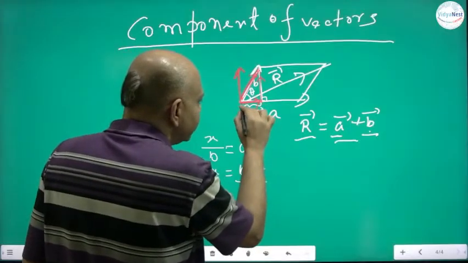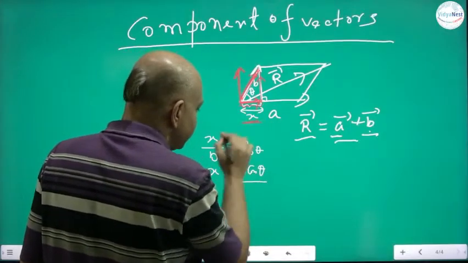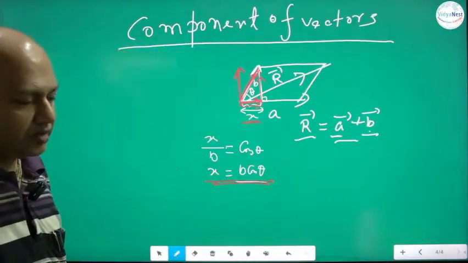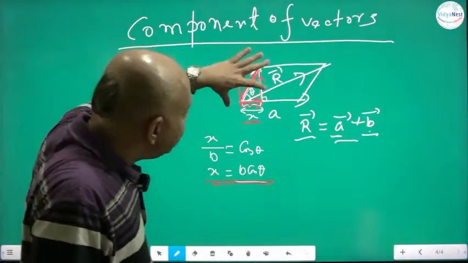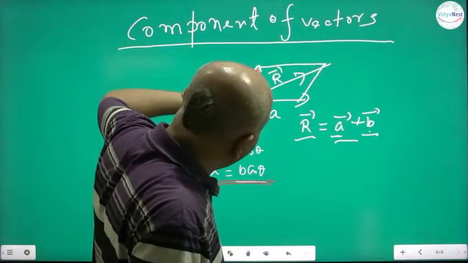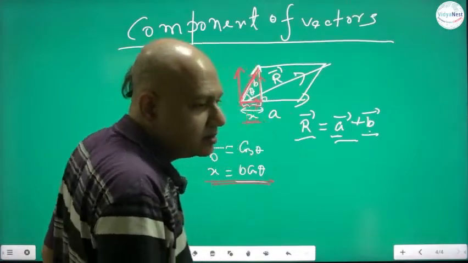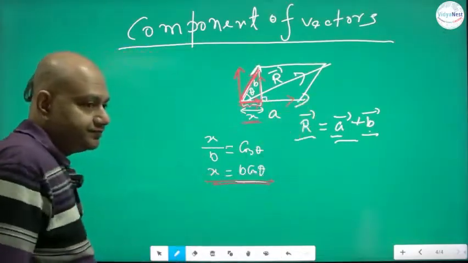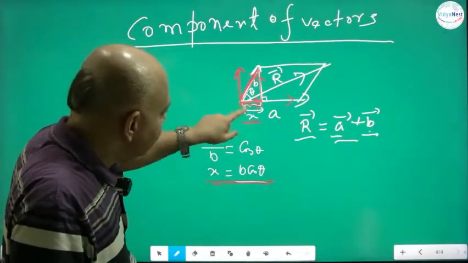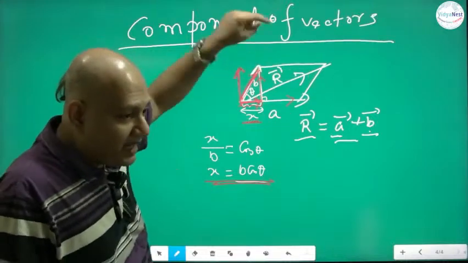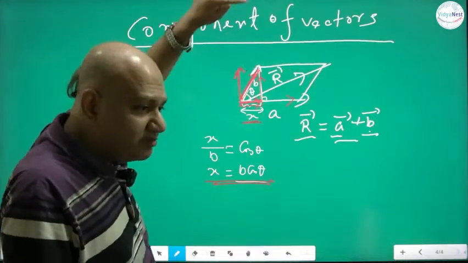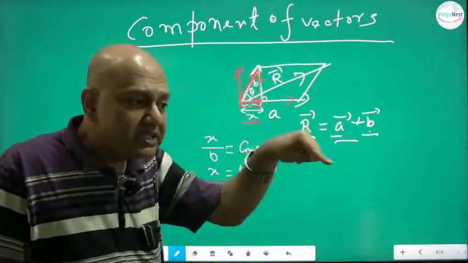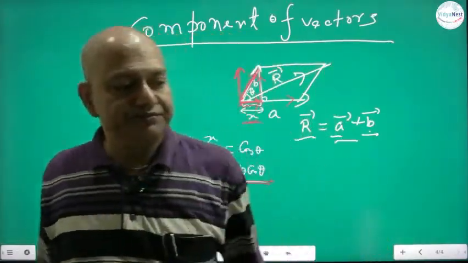This component vector is equal to b cos theta. This is x, b cos theta. So this b cos theta is acting along the vector a. You can see in this direction the a vector is existing, and b cos theta is acting along a. One of the components of b is existing along a, meaning b is having an effect on a.